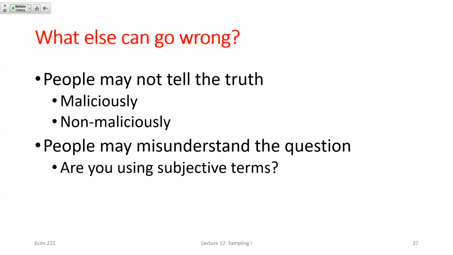I remember in the last lecture, I saw this thing. I can't remember if it was CNN, I think it was CNN that did it, where they asked a question trying to get at the approval rating of Donald Trump at the time. One way they phrased it, they led the beginning of the question with, here are these positive things that have been occurring, how do you feel about how President Trump is running the nation?